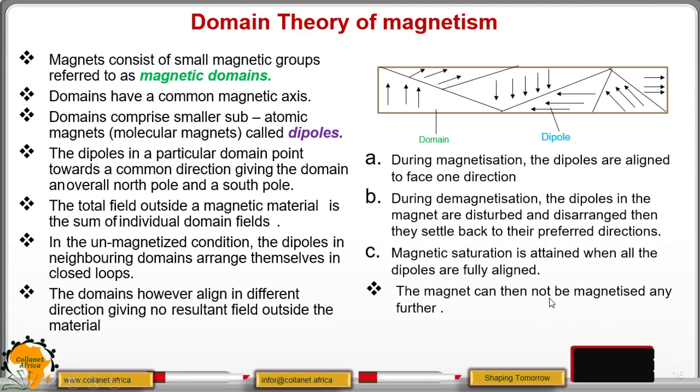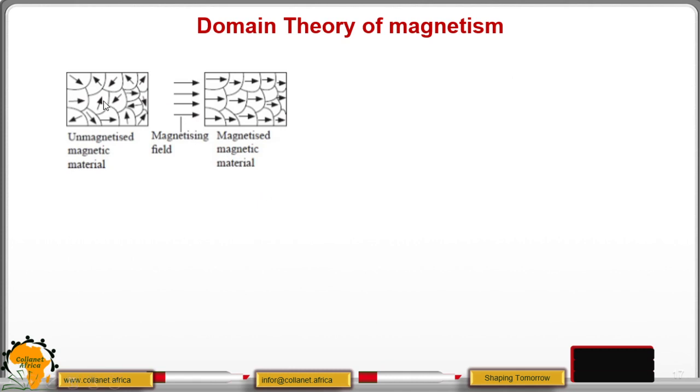Now, magnetic saturation is attained when all the dipoles are fully aligned in one direction. The magnet can then be said that you cannot magnetize any further because all the dipoles are facing in one direction, as shown in our diagram here. These are the domains with dipoles in each domain facing different directions. This is an unmagnetized material. Now, when you put this in a magnetizing field, the dipoles align such that they face in one direction.